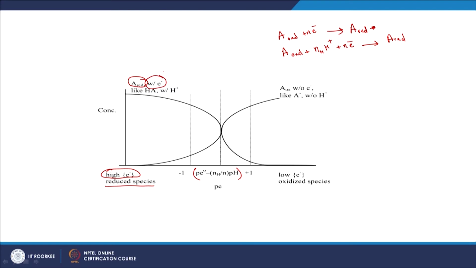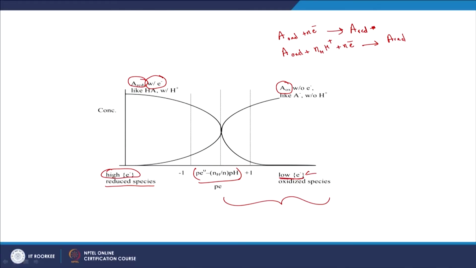On the other side, greater than this reference, we see that the oxidized form would predominate. Why is that? Because high pe values lead to low activity of electrons. Low activity of electrons means the oxidized species would predominate compared to equilibrium, and thus the oxidized form, or the compound without the electron, would predominate.